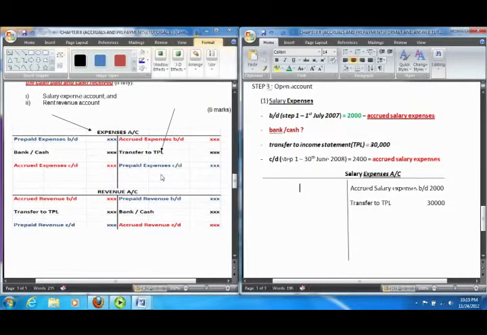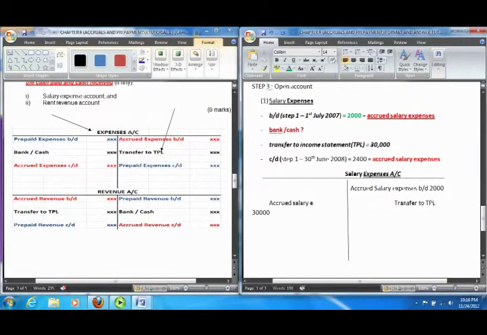Yes, that's why you must extract the information. You must know the scenario. You must know the situation of what? Is it accrued or prepaid? Okay, in this case, your CD is accrued. So, in this format, where is accrued? Debit side. So, you need to record it as debit side.